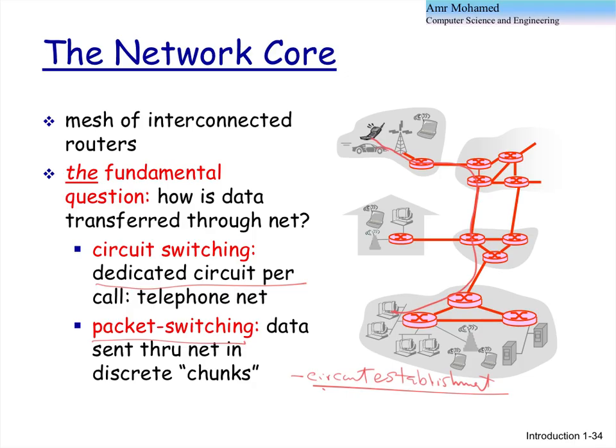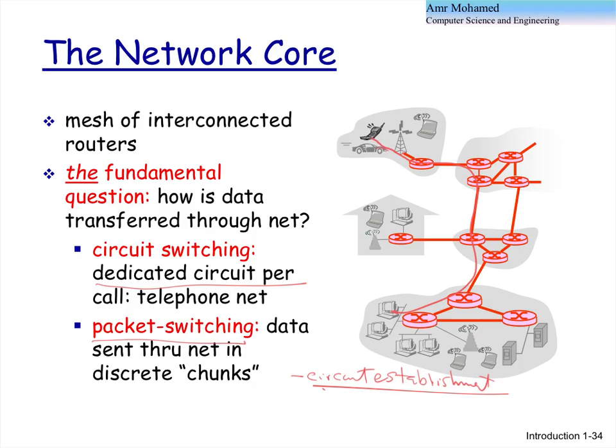When you accept, all the switches in the middle will have to be notified and establish the circuit end-to-end. So there is an overhead to establish this circuit end-to-end. That's a significant overhead. Okay? The implication of this, performance is guaranteed, but I'm consuming this circuit even if I'm not using it. And that's a big issue.